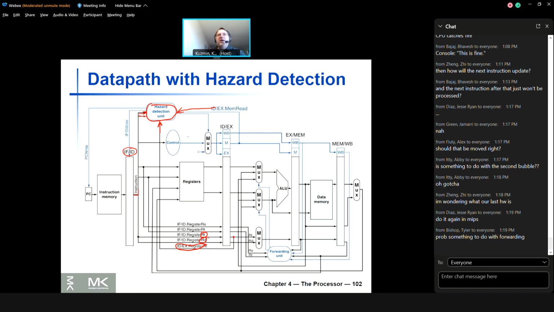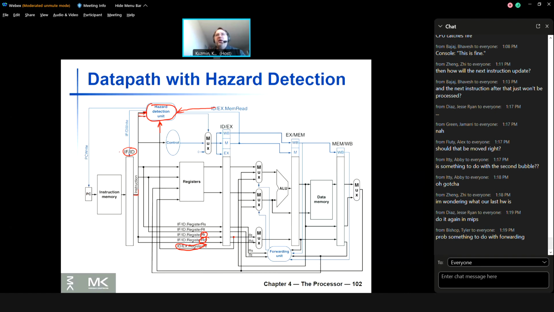And then we have to have this PCWrite control signal for the PC, so that when there is a hazard, we prevent PC from being updated. So when PCWrite is 0, it's not going to see its usual +4 increment, right? It's going to stay at the same value.